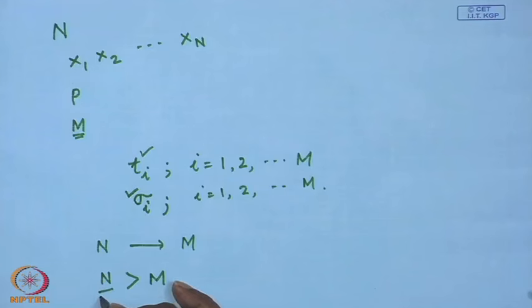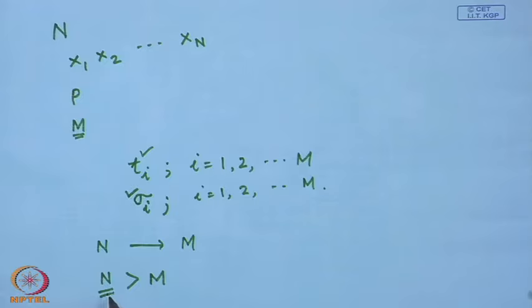Because even if in a single cluster I assume there has to be only one feature vector, at the most I can have n number of clusters. So, I cannot form more clusters than the number of feature vectors provided. So, obviously, our assumption is that the number of feature vectors n is greater than the number of clusters that one has to form, that is m.